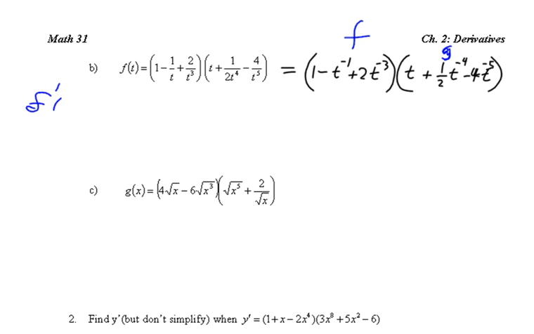So we want f prime of t, right? What will f prime of t be? It'll be the derivative of our first function, our f, so it'll be 0, which we don't have to write, and then negative t to the negative 2, and then plus 2 times the derivative of t to the negative 3, which is negative 3 t to the negative 4.